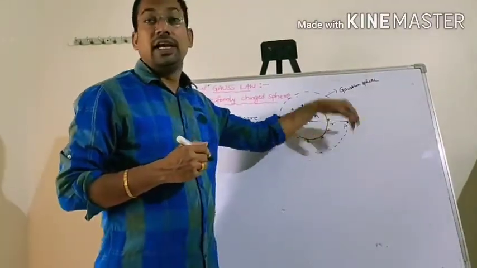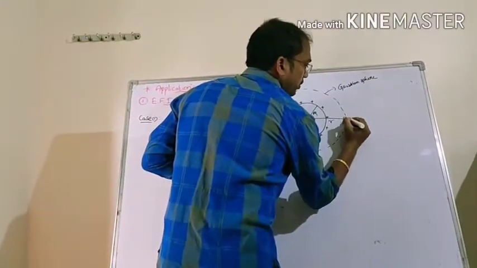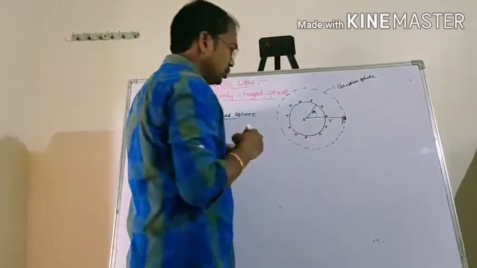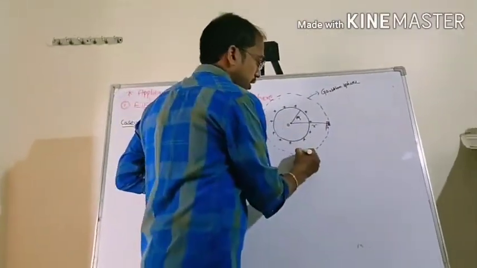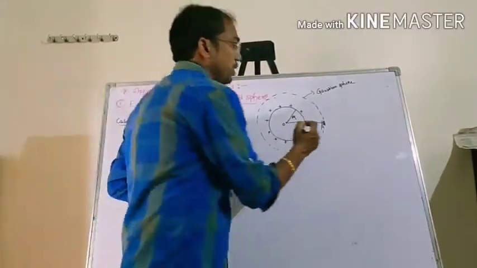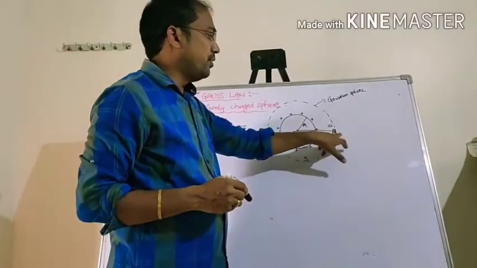In order to determine the electric field intensity at P, consider a small area. Suppose the total area of this sphere is S, and the small area will be ds.